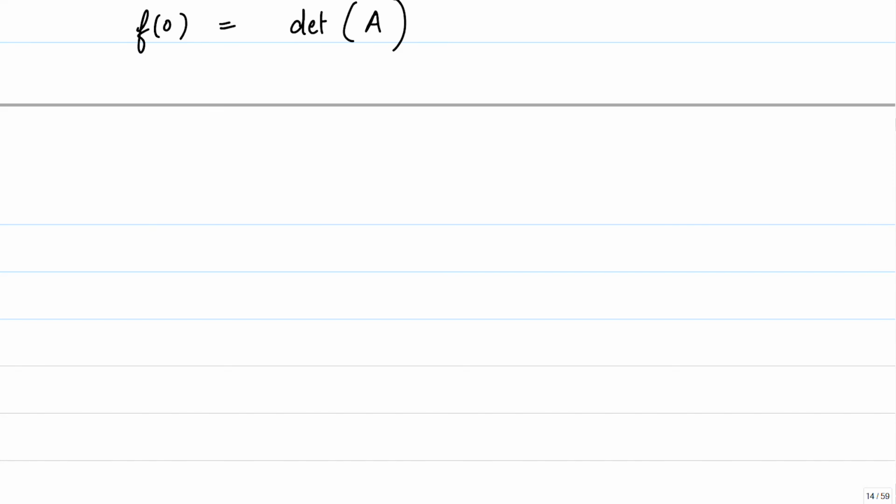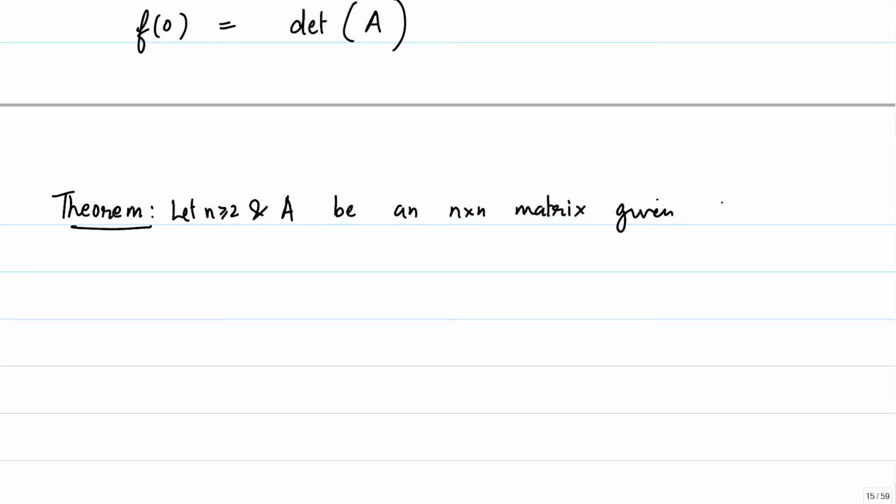So let me just write it down as a theorem. All the effort we have just spent can be captured in the following theorem. Let n be greater than or equal to 2, and A an n cross n matrix.